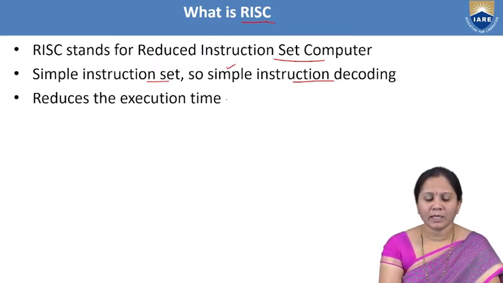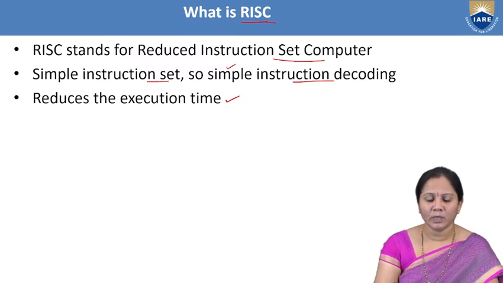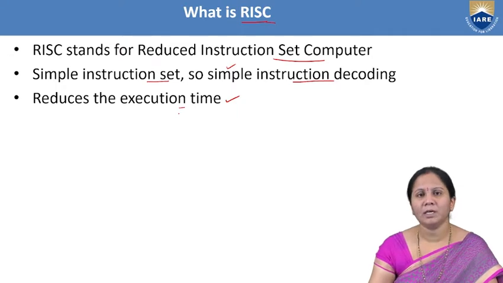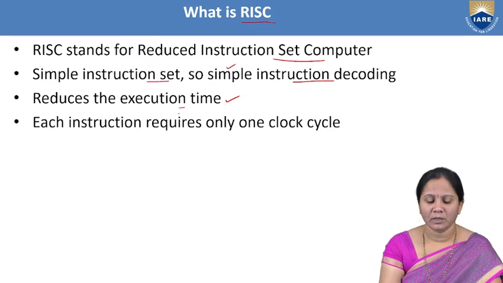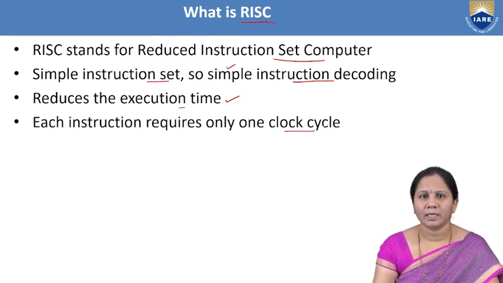The next characteristic is that it reduces the execution time. That means the time required to execute any instruction will be less because the instruction is very simple. Each instruction requires one clock cycle. That means to execute any instruction, it requires only one clock cycle.